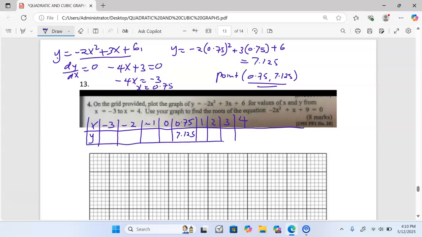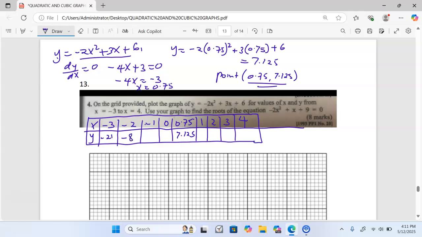From here we can use the values of x to get the values of y. The value of y when x is negative 3 will be negative 21, and when x is negative 2 it will be negative 8.